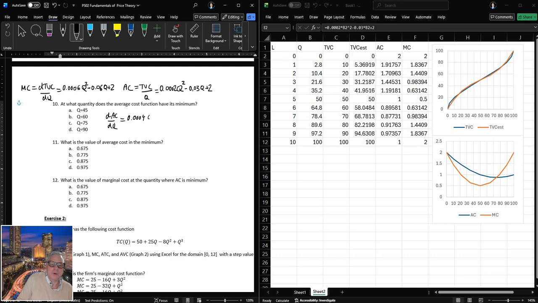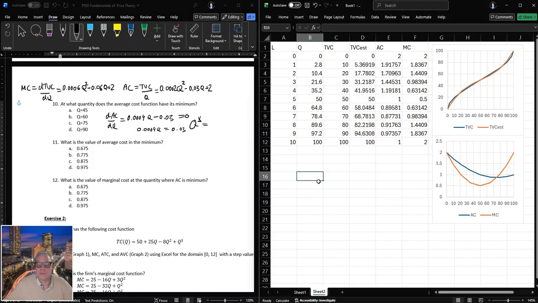0.0004 Q minus 0.03 equals 0, or 0.0004 Q equals 0.03, then Q star is 0.03 divided by 0.0004, which is 75.